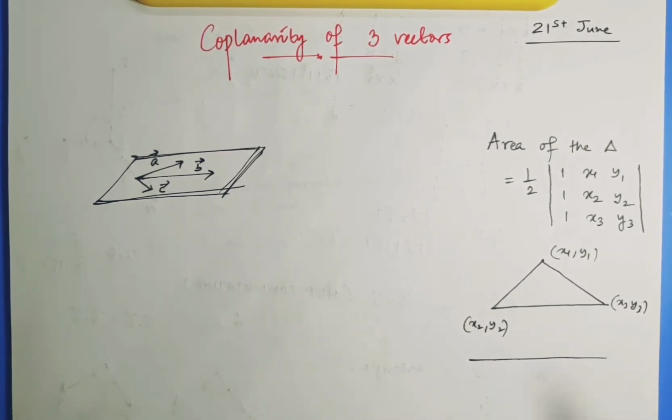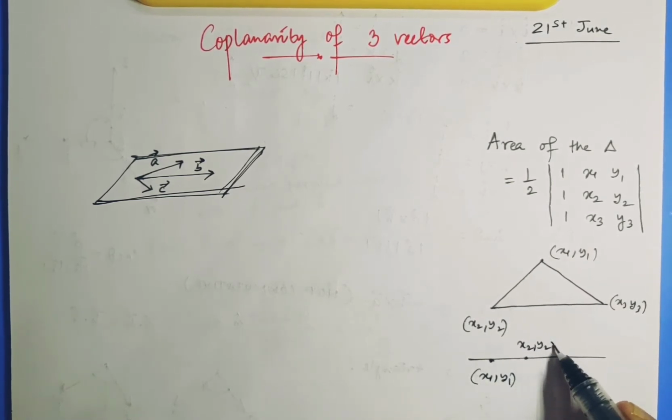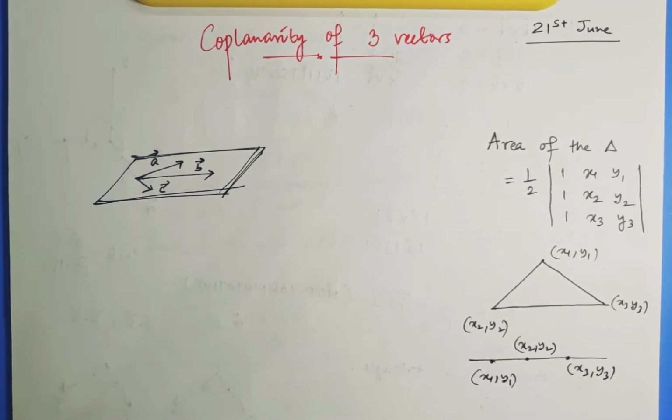Suppose I have a line and these 3 points lie on this line, okay? Can you tell me what is the area of the triangle formed by these 3 points? Can you form a triangle? No. So the area of the triangle will be 0. Am I clear? Understood? So for 3 collinear points, the area of a triangle is equal to 0, right?